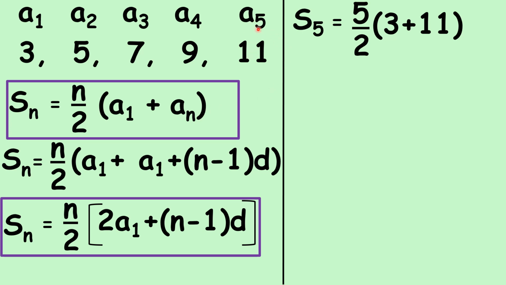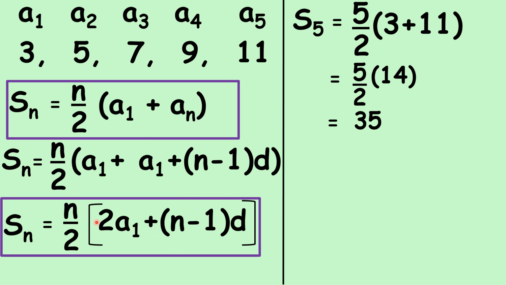That's the 5th term in this particular case because our n is 5. So we have 11. So when we simplify further, what do we have? 5 over 2 times 14. So 2 in 14 will be 7. 7 times 5 will give us 35. So we had done that previously. So that's using this particular formula.